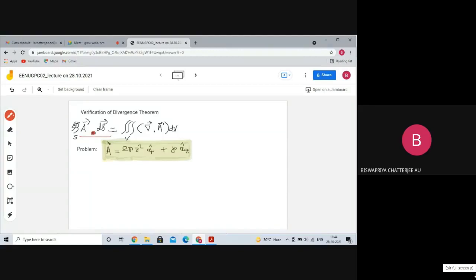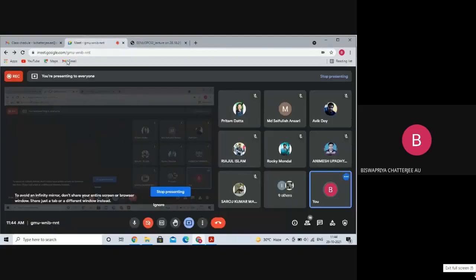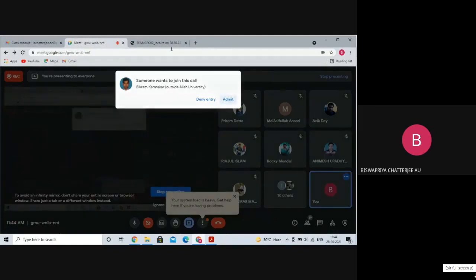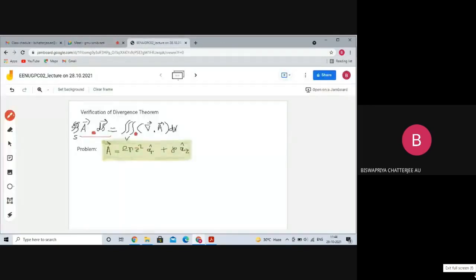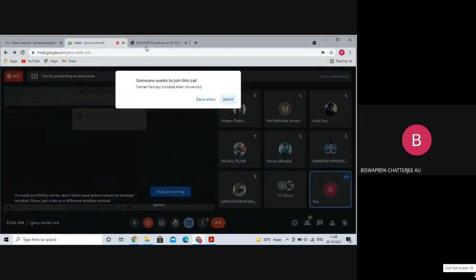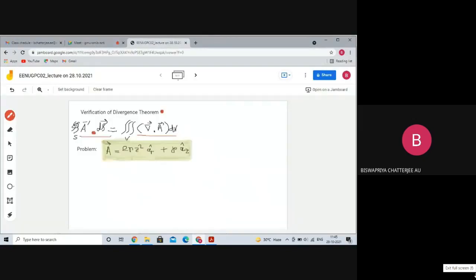The right hand side is the volume integral of the divergence of that vector. These two sides are essentially equal. This is the statement of the divergence theorem.